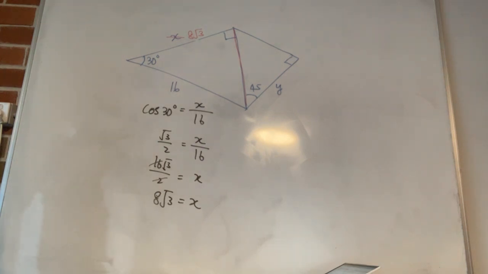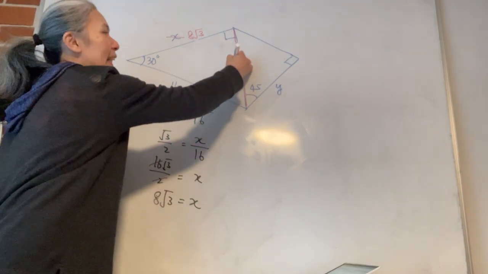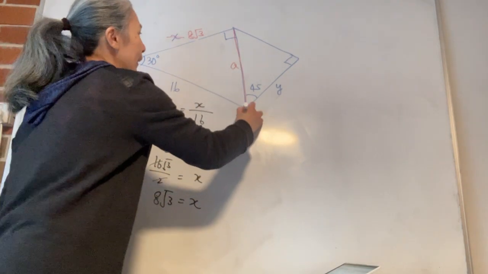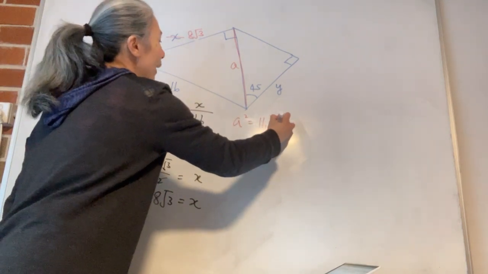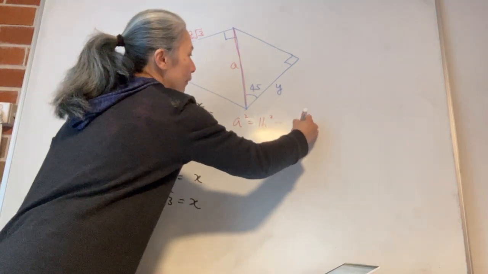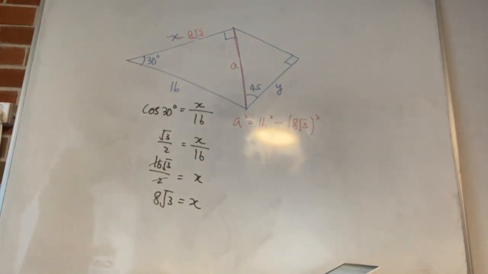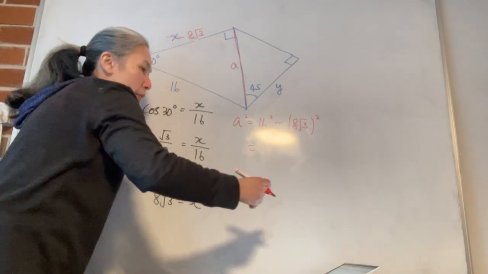Yes, I will use that because it's a right angle triangle, Pythagoras theorem. Let's call this A. So your A square is going to be 16 square minus 8 root 3 square. And what is that going to give you? I have no idea.